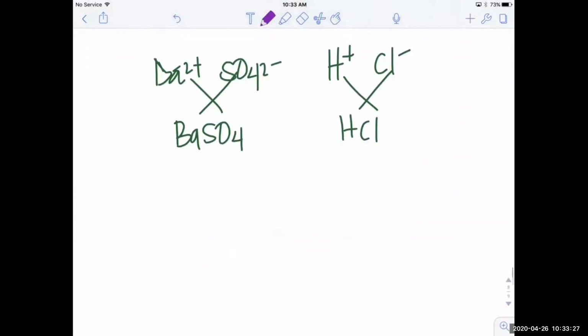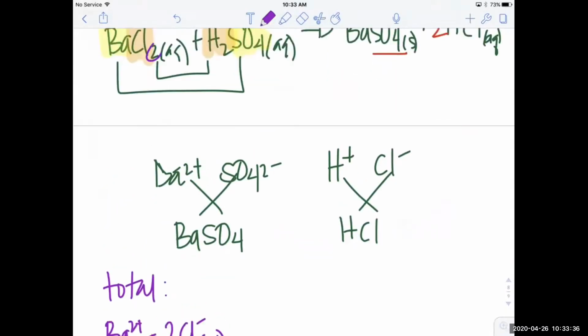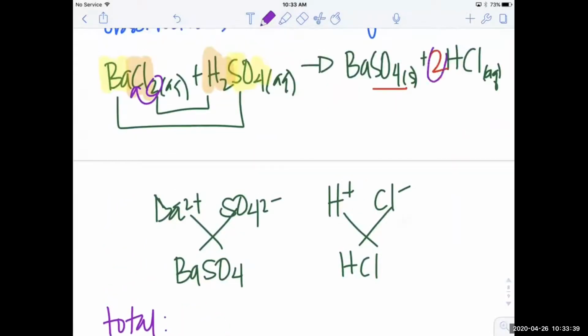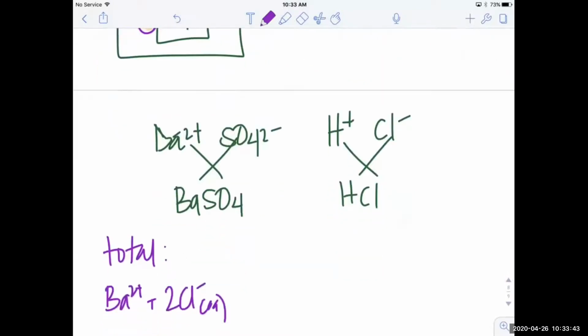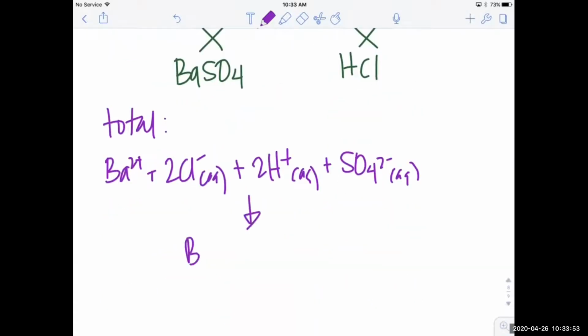So to write the total, I'm just going to write Ba2 plus 2 Cl minus. Remember again that this 2 just comes out here, whereas this 2 is going to go to both of them. Same thing for this 2 for the hydrogen. So plus 2 H plus aqueous, SO4 2 minus aqueous, goes to BaSO4 solid, plus 2 H plus aqueous, plus 2 Cl minus aqueous.